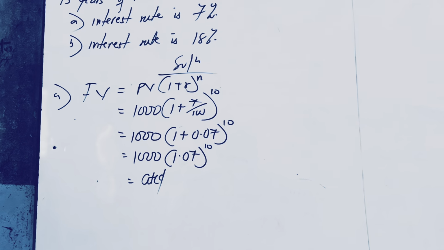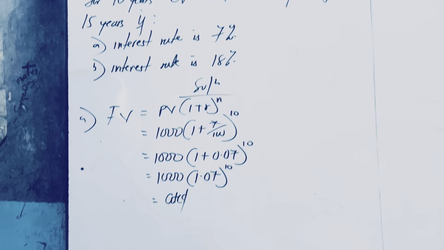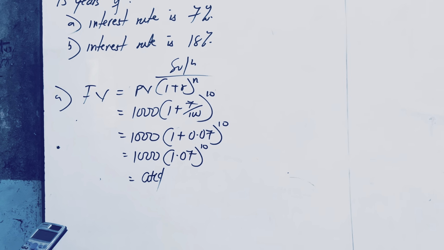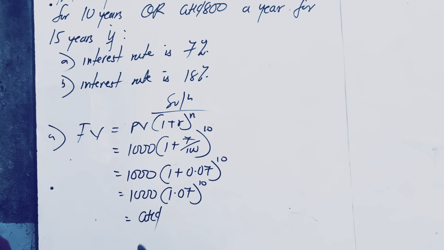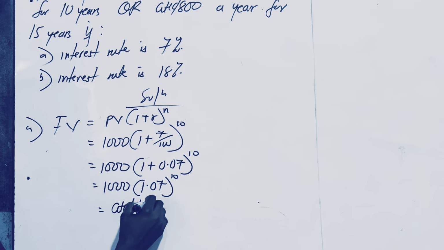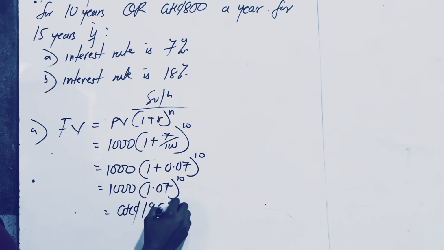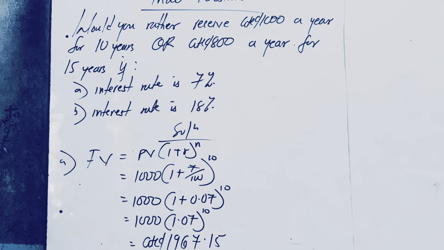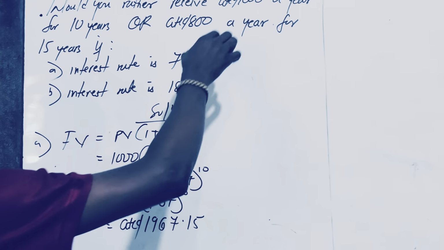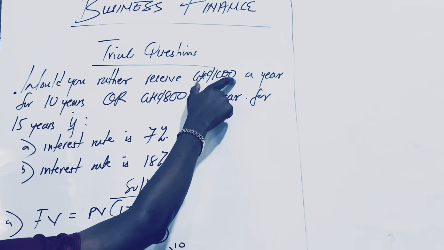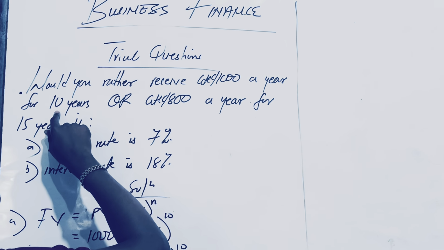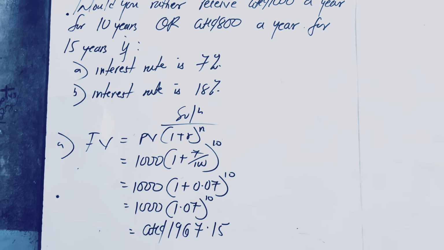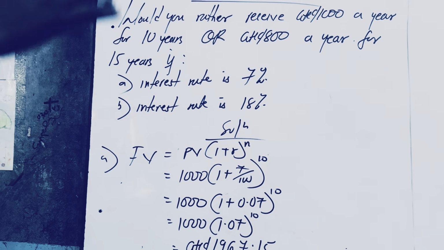What do we have here? 1,000 Ghana cedis times 1.07 raised to the power 10. And that will give us 1,967.15. What it means is that if I invest 1,000 Ghana cedis for 10 years, at an interest rate of 7%, this is the amount I'm going to make at the end of the 10 years.